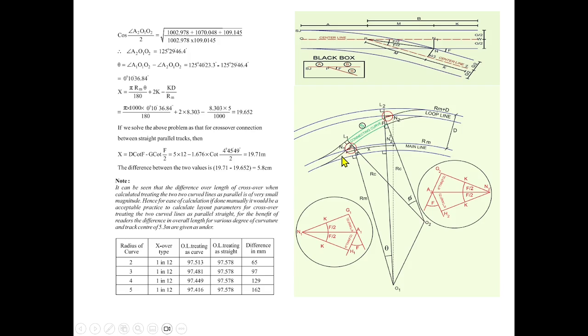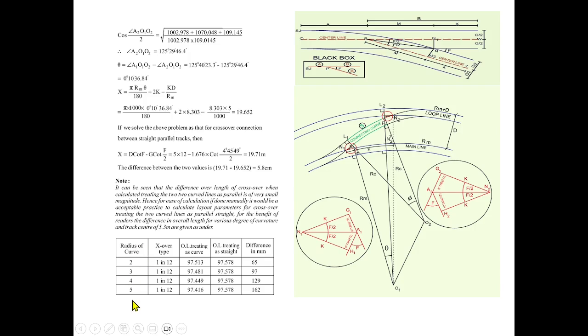So that distance equals g by 2 cot f by 2. Since we have both sides, this side one distance and that side one distance, that is why they are deducting g cot f by 2. Once we deduct that, we get the x distance for the straight parallel track, that is from the theoretical nodes of crossing of one point to the other point. That's why they have taken it. However, this difference is very meager.